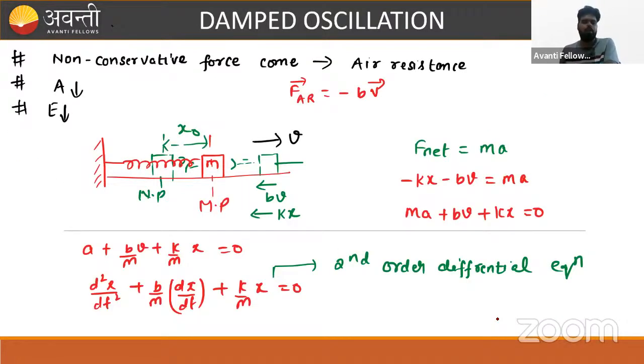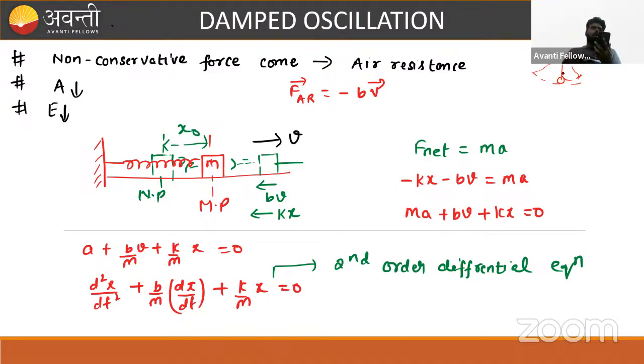The next topic is damped oscillation. What is damped oscillation? Whenever a non-conservative force is present. In real life, what we observe, beta, is that if we disturb a simple pendulum and leave it, after some time it will stop. It does not have an infinite source of energy to perform oscillation continuously.